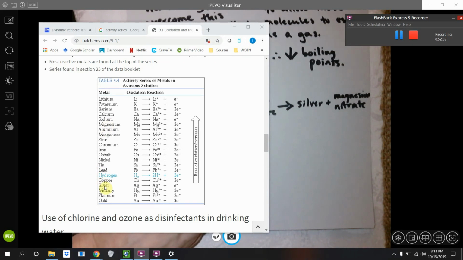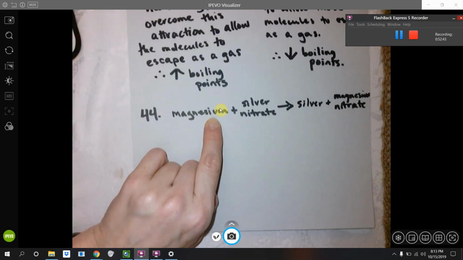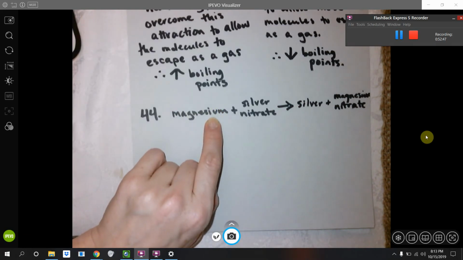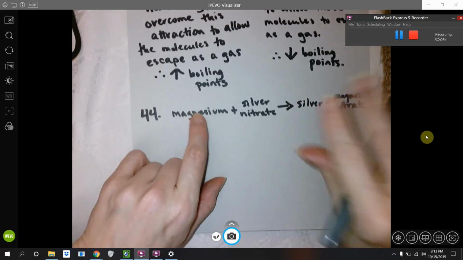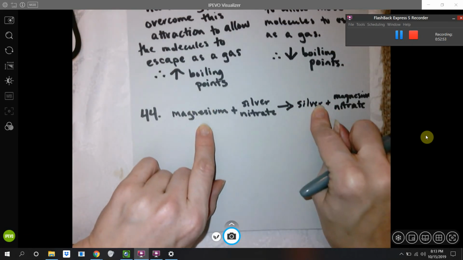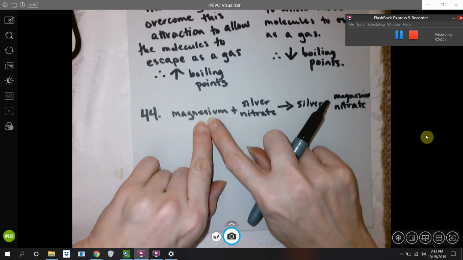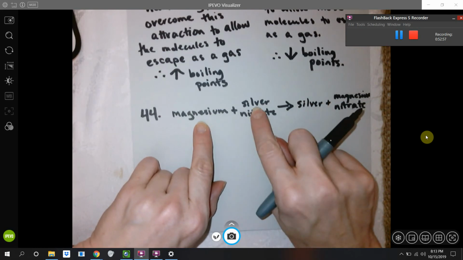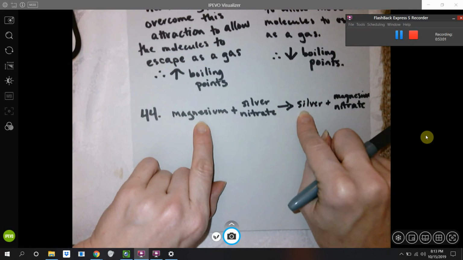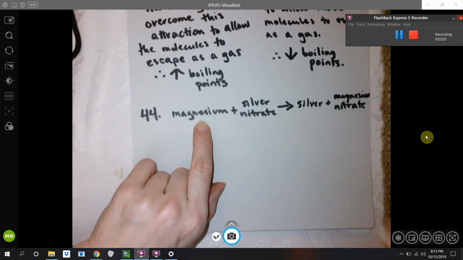So it's better at being in a compound than silver is. And if you look at the situation that we have, magnesium is not in a compound, but it's better at being in one. So this is going to happen, right? It's so good at being in a compound, it's going to kick that silver out and form magnesium nitrate and leave silver all by its lonesome. So we are in business here.